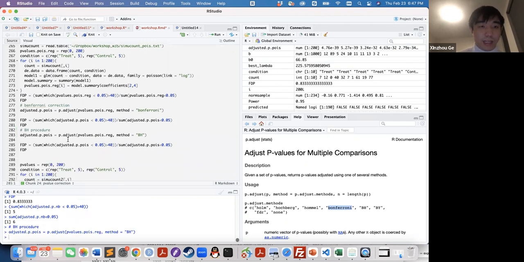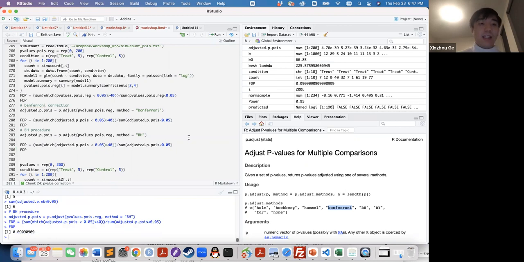Let's calculate the FDP. Here the FDP is still the number of false discoveries over the total number of discoveries, and it will be 0.09. So the expectation of this proportion should be 0.05.